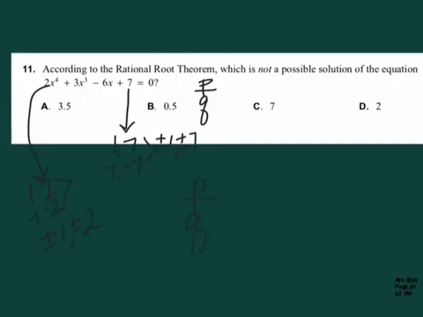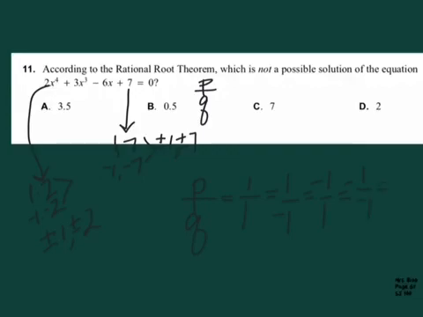Now, P divided by Q. We have to take all the combinations that we have here. Let's start with 1. Positive 1 divided by positive 1. Positive 1 divided by negative 1. Negative 1 divided by positive 1. Negative 1 divided by negative 1.